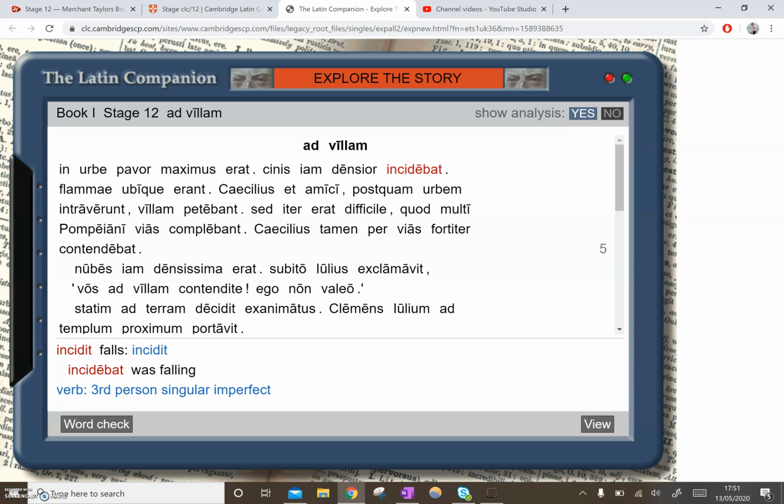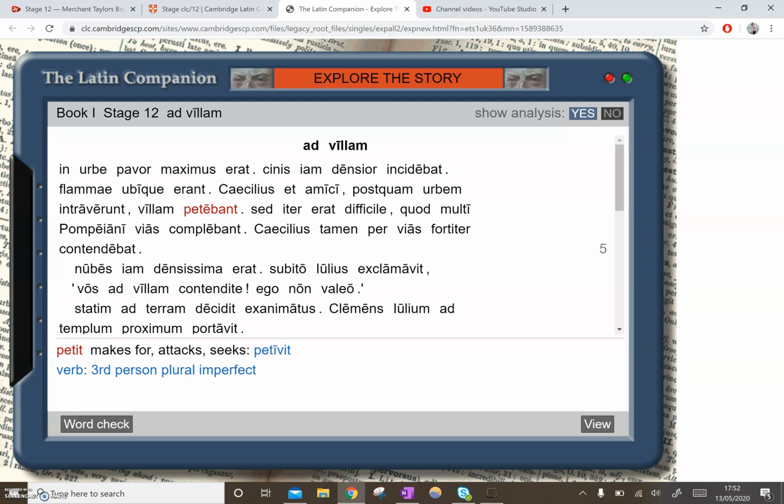So, in urbe pavor maximus erat. Let's start then. So follow the Latin as I go through. In the city was a very great panic. Ash was now falling thicker. Flames were everywhere. So this word ubique means everywhere. Caecilius and his friends, after they entered the city, look at that, intraverunt, perfect tense verb, but petibant is imperfect.